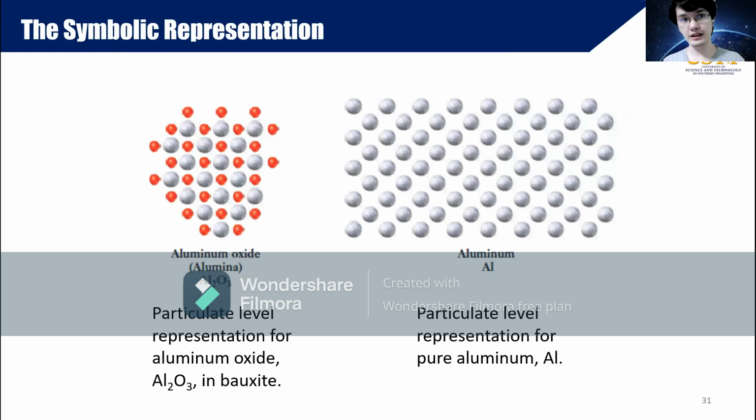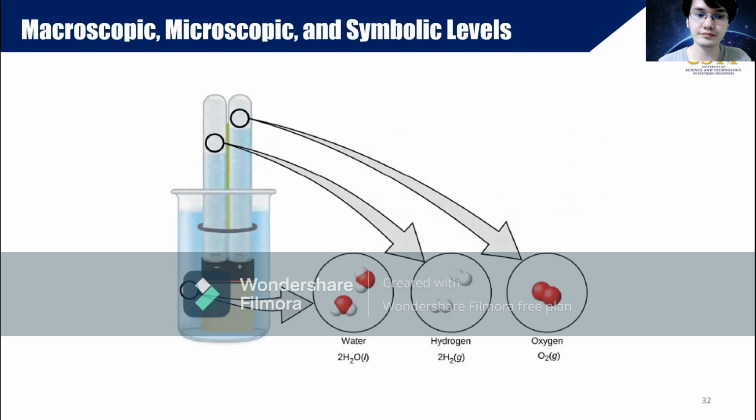They differ at a microscopic level, only in the arrangement of their atoms. So at a microscopic level, we can see that we are using electricity to separate hydrogen and oxygen from each other.